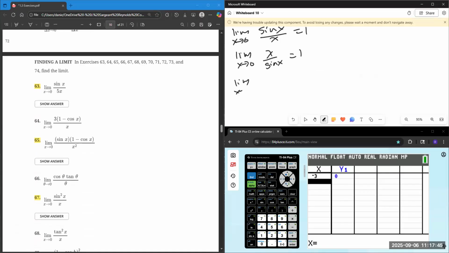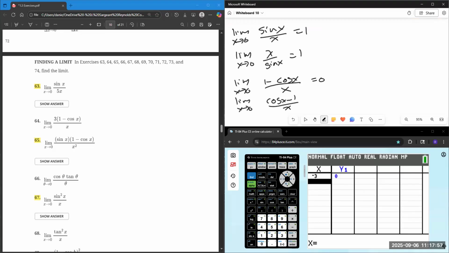The limit as x goes to 0 of 1 minus cosine of x over x is 0. And the limit as x goes to 0 of cosine of x minus 1 over x is also 0. Write all those down. Your book may only give you one of each of these forms. I think it gives you this one and not the other two.